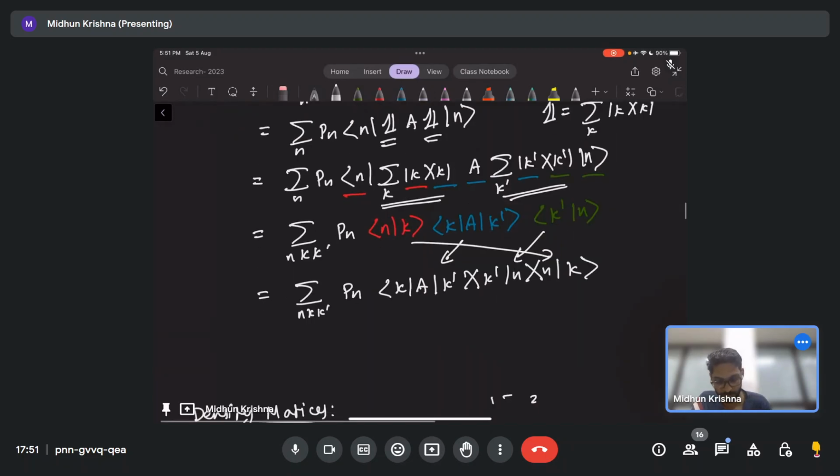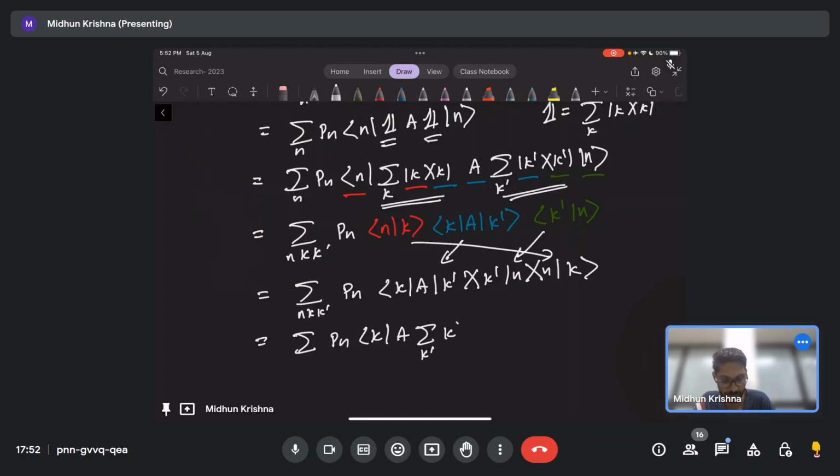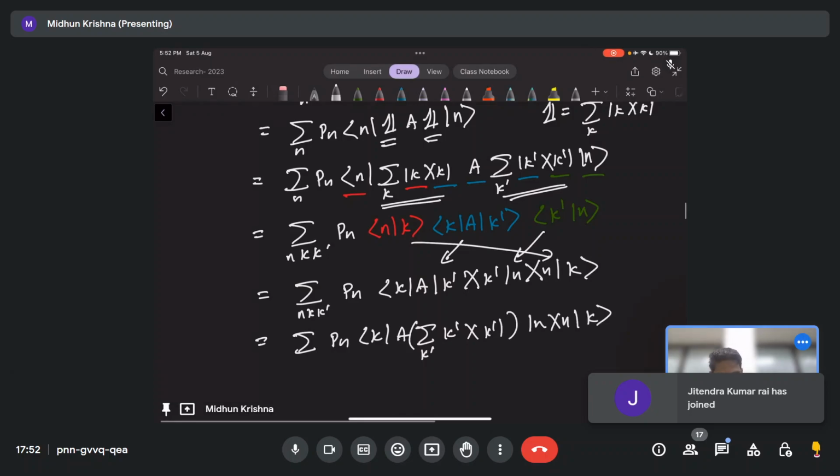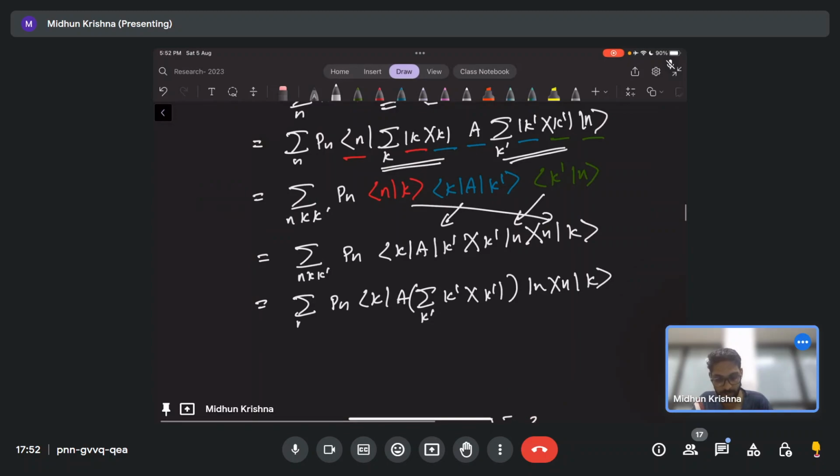The next step, I'll take one summation inside. So it'll be Pn, k A, and if I take the k prime summation here, k prime outer product k prime, and then n k outside. So this is basically identity.